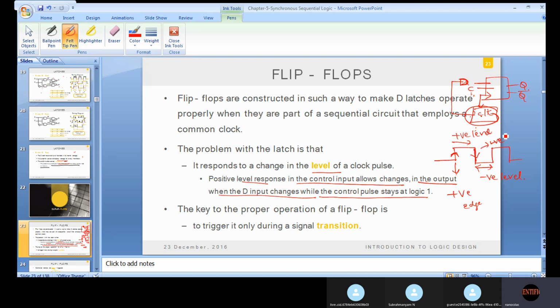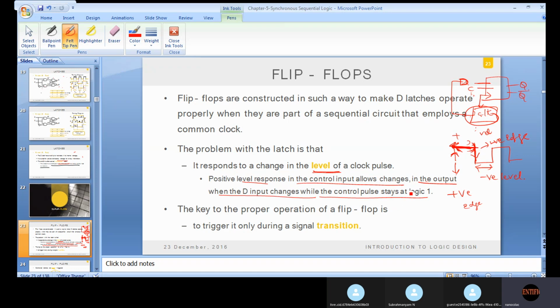Negative edge. We will see all those things, but before that, the only thing I'm trying to tell you is that a latch will respond only to the level. So when the level changes, the latch output will change.